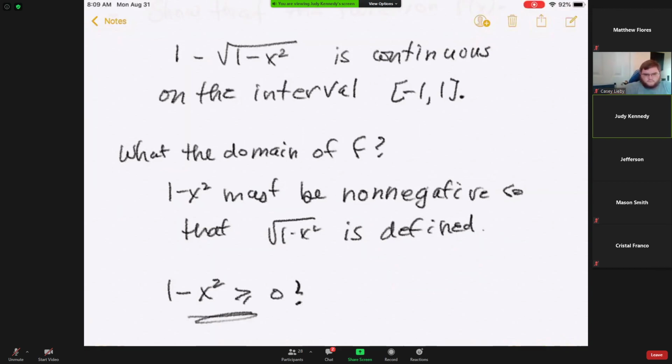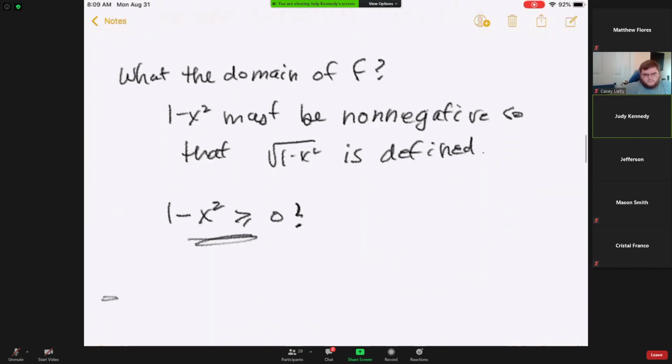Well, let's work out the inequalities. If I have 1 minus x squared greater than or equal to 0, then 1 must be greater than or equal to x squared. If I add x squared to both sides of the inequality, that doesn't change the direction of the inequality.